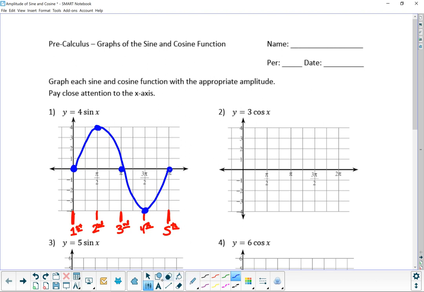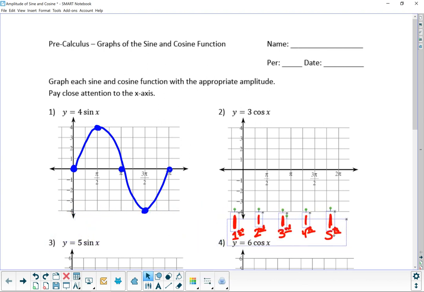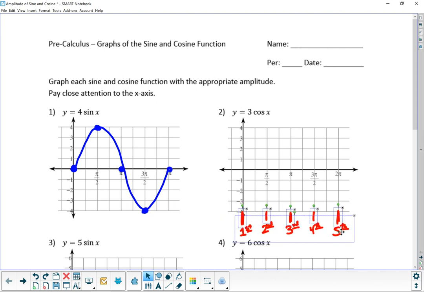Okay, and do the same thing to this one over here. Because it's just a cosine x, the period is going to be from 0 to 2 pi, and you split that up. Same idea. Cosine, on the other hand, starts at the top. Normally we start at the top at 1, but in this case we have an amplitude of 3.